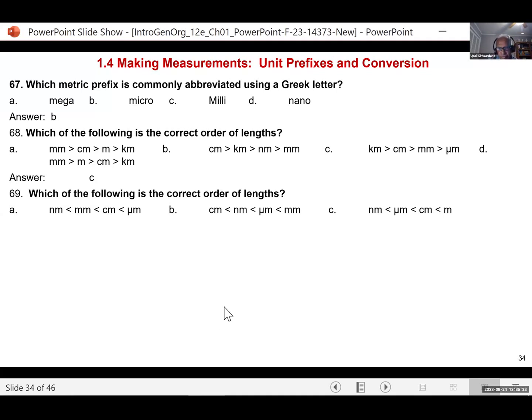So you have to find out which increasing masses are on the left side. You have to have the bigger mass. So C is the correct answer. Meter is greater than centimeter. Centimeter is greater than micrometer. Micrometer is greater than nanometer.